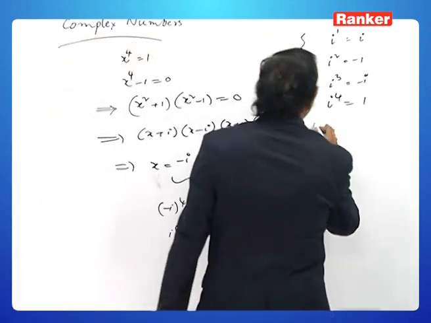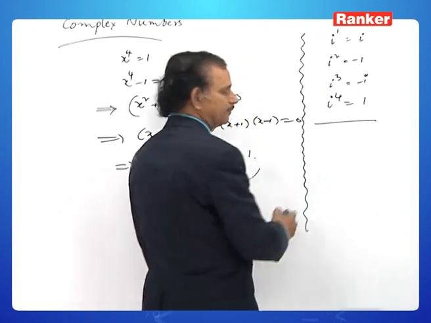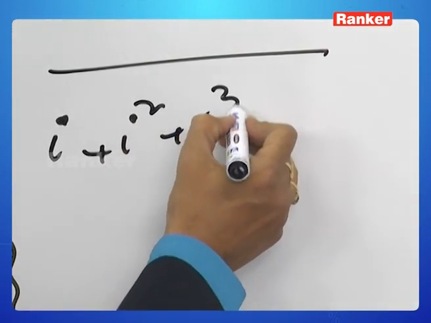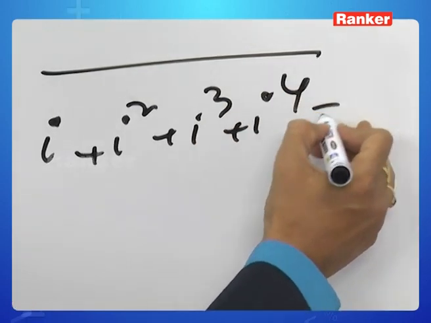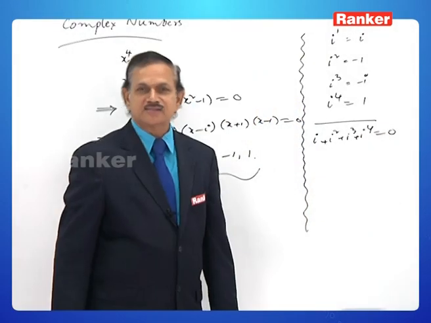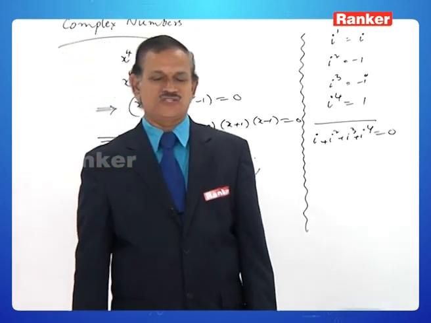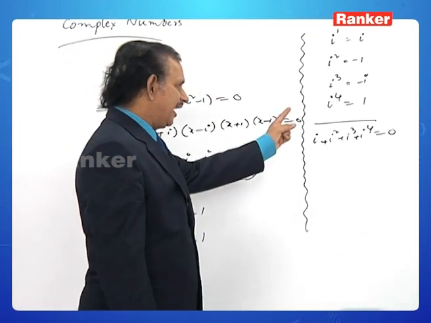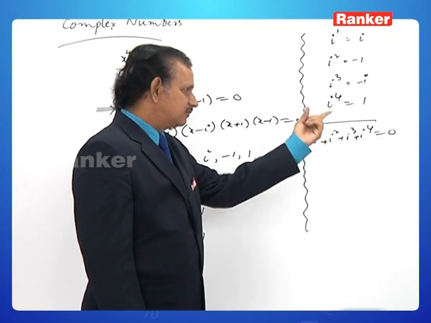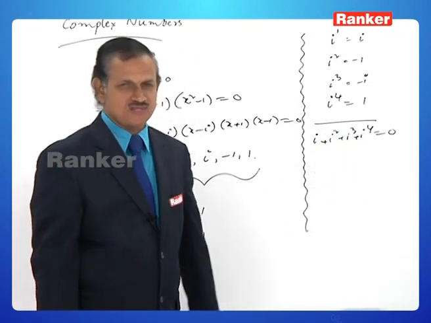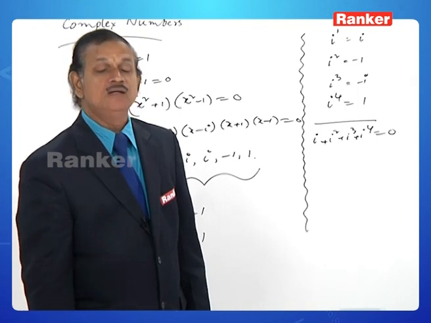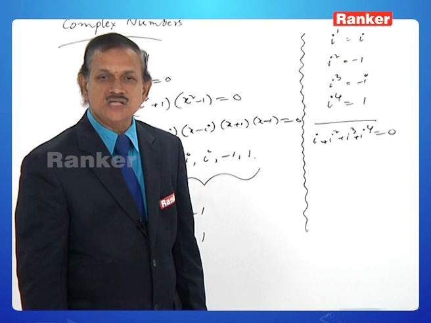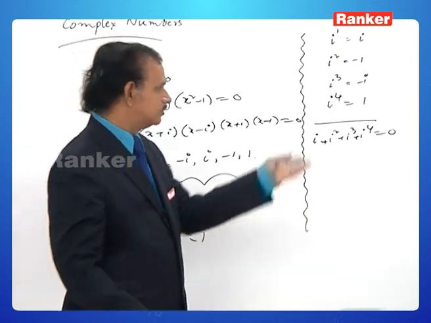Now you add all of these things. What is going to happen? i plus i square plus i cube plus i power 4 is equal to 0. That is a good observation for us to state so many important concepts. i power 1, i power 2, i power 3, i power 4: you observe, they are 4 successive integral powers of i whose sum is 0.